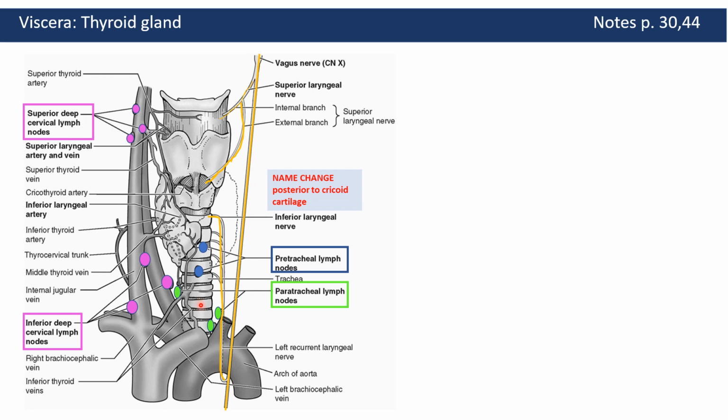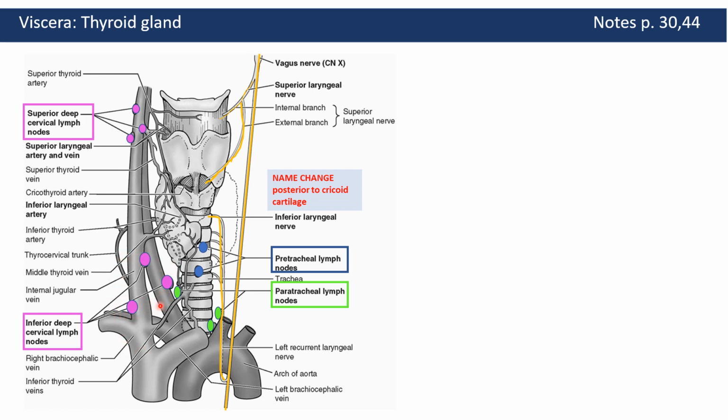Also on this image are the lymph nodes associated with the neck. Notice pretracheal and paratracheal lymph nodes shown here. Associated with the internal jugular vein are going to be deep cervical lymph nodes, different groups of deep cervical lymph nodes, primarily a superior deep cervical lymph node and inferior deep cervical lymph nodes.